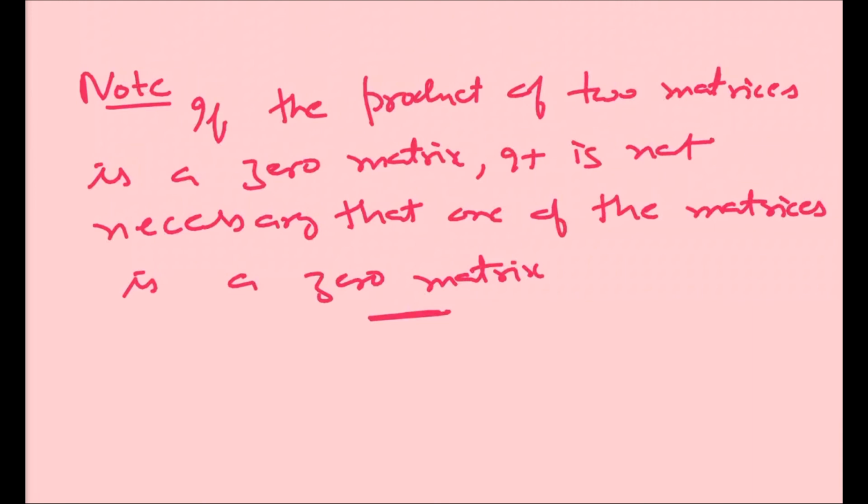Now before ending this topic, I will describe 2-3 points more. Right now, properties of multiplication of matrix.